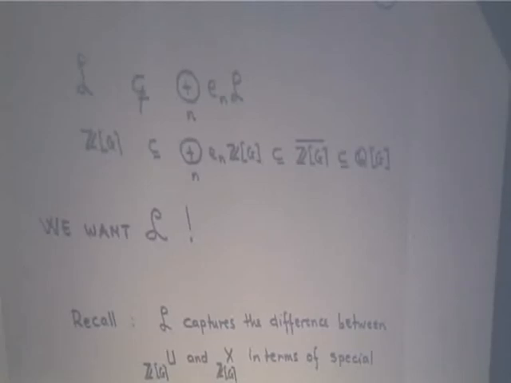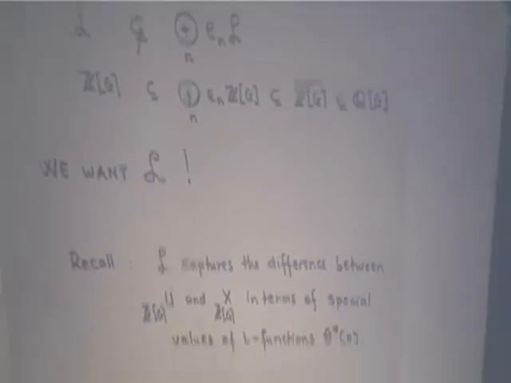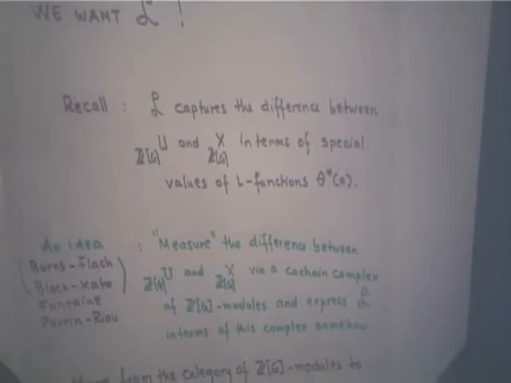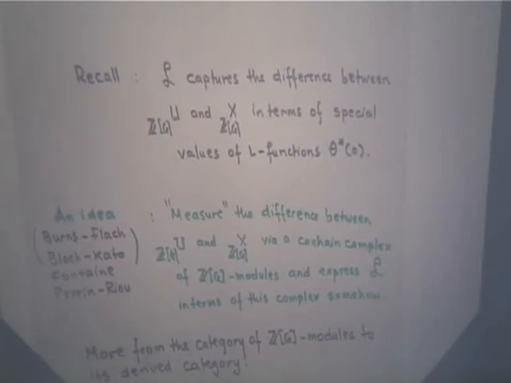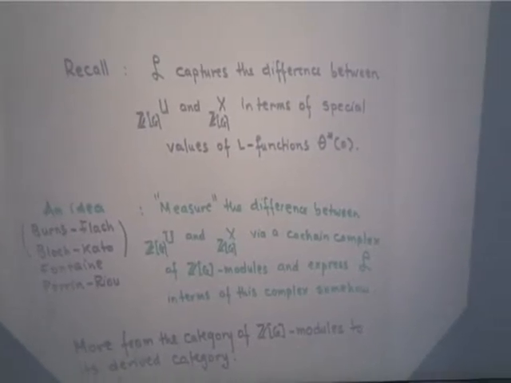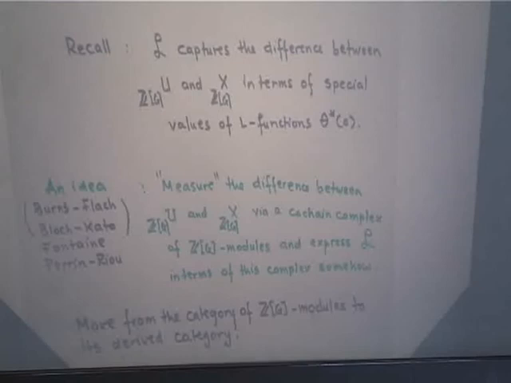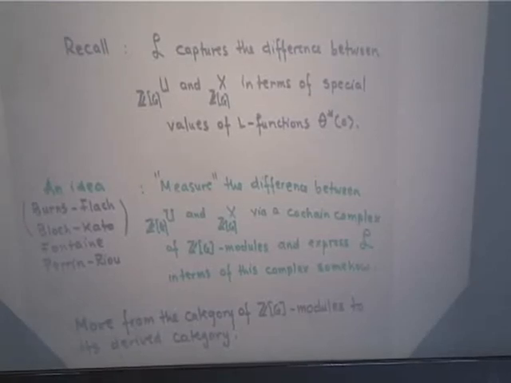And here is the idea. So the idea is this. Well, please recall that L is supposed to capture the difference in Z[G] module structure between X, which I understand, and U, which I don't. Now, why don't we do this?